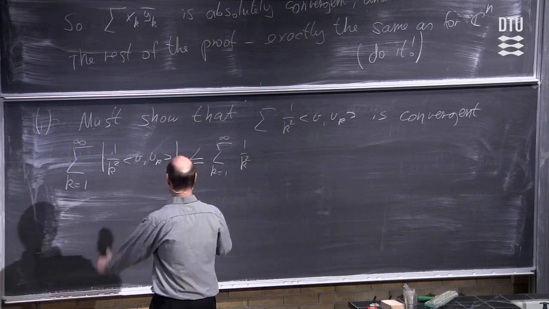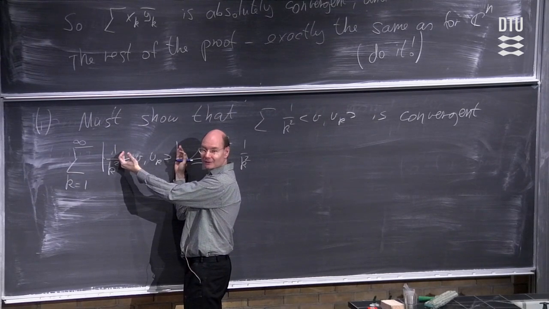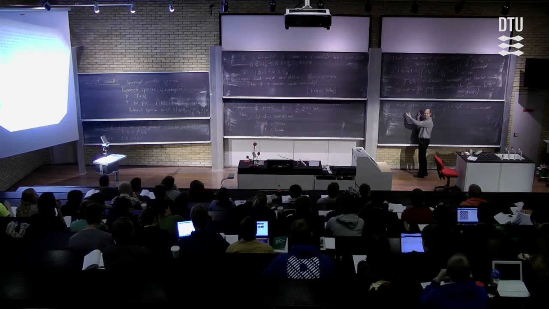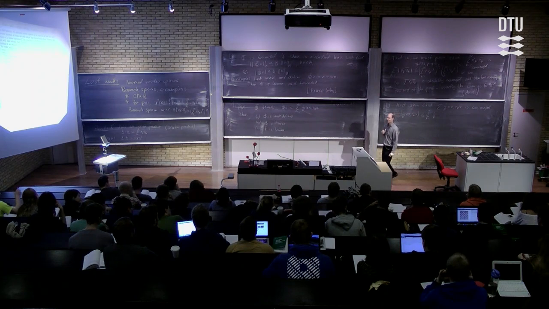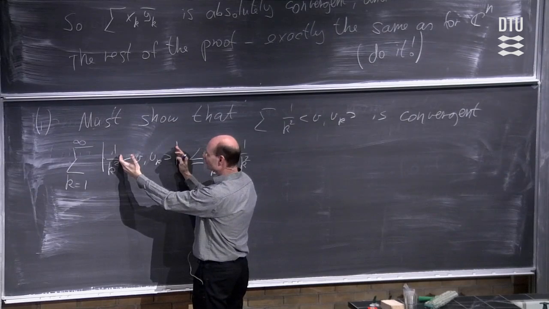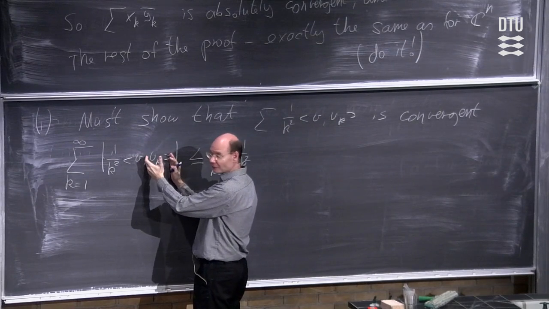So you say the absolute value of this, how can we estimate that? Bjørn? We need to take more steps, but this is correct. So the Schwarz inequality says that this is smaller than or equal to the norm of the first times the norm of the second.